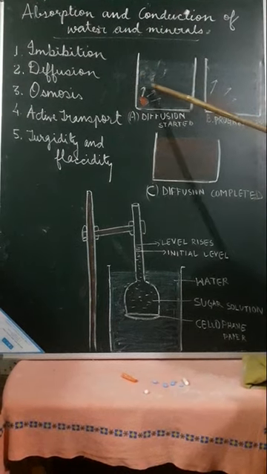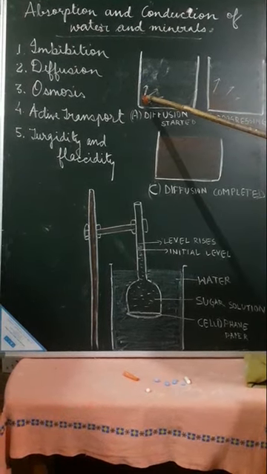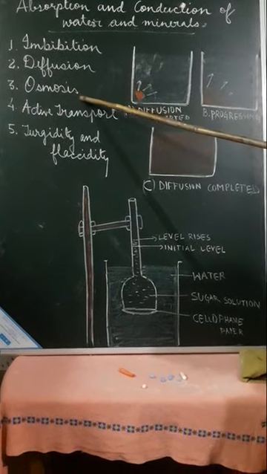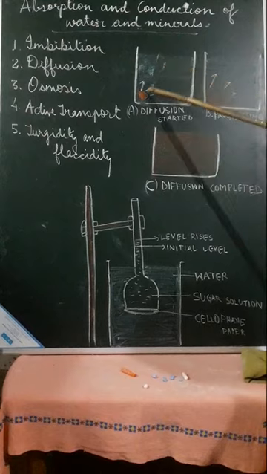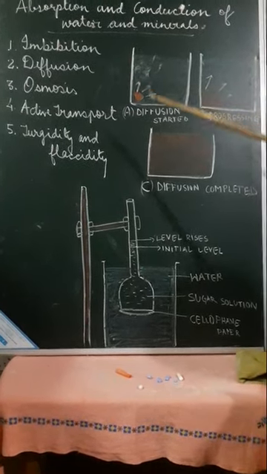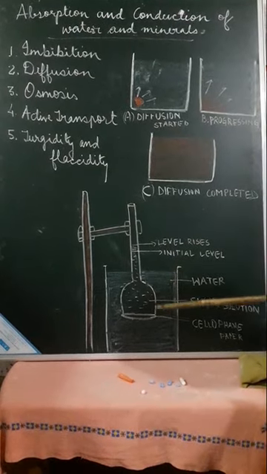It is just the opposite of diffusion, movement of substance molecules from higher to lower, but in osmosis it is from lower to higher. To clear this definition, we will see the experiment here.